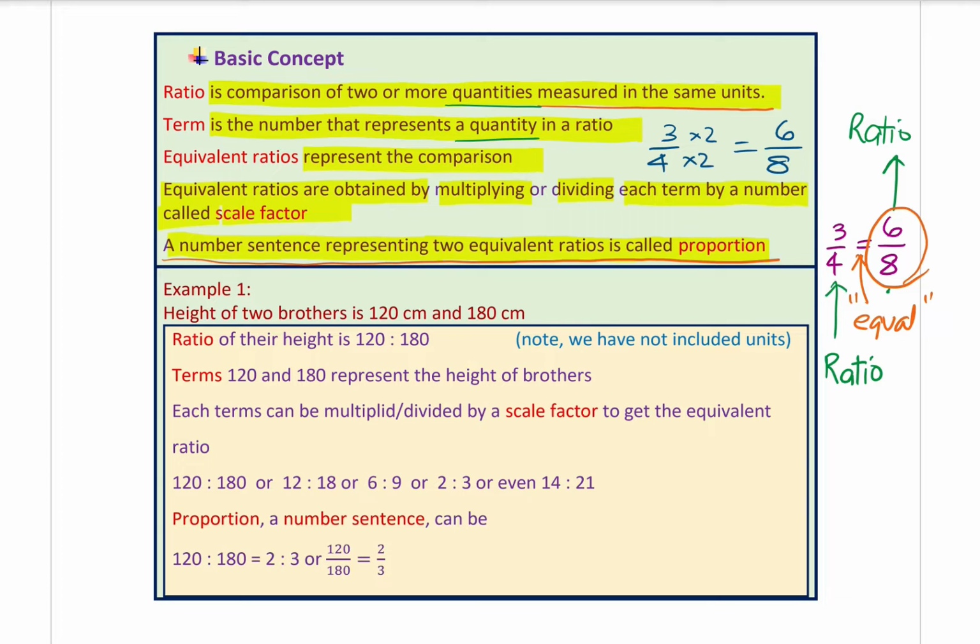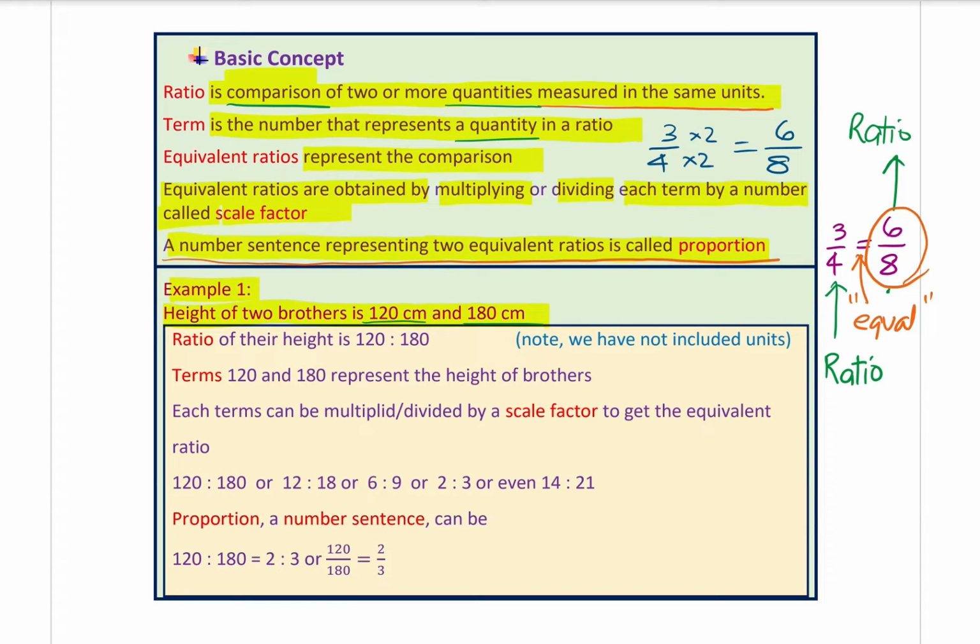Perfect. Now let's take up an example to understand the concept. Height of two boys is 120 centimeters and 180 centimeters. So that is given to us. Height of two boys. So we are measuring quantities which are 120 and 180. And if we start comparing them, right? So comparison. So the idea here is to compare them. So when you measure quantities and we start comparing, the two quantities are 120 and 180 centimeters, then we get ratio.